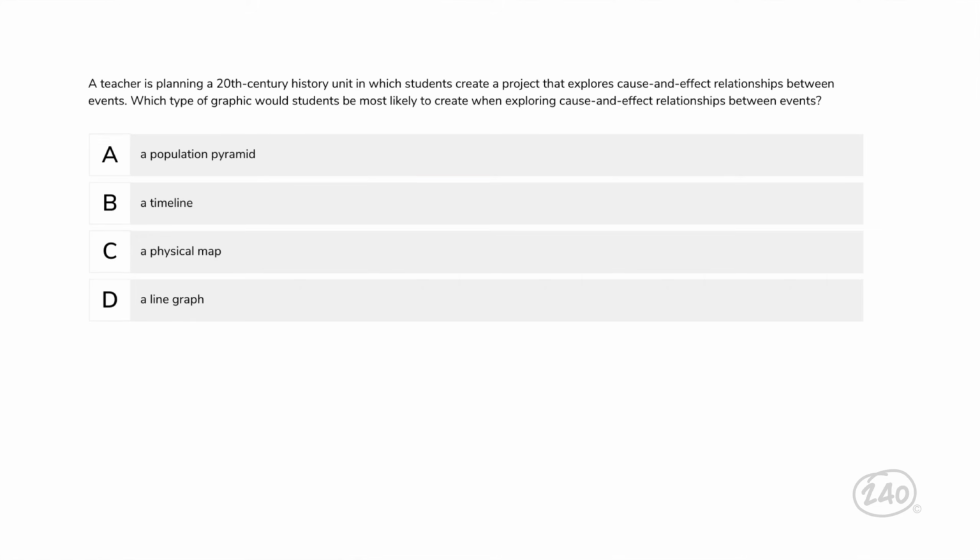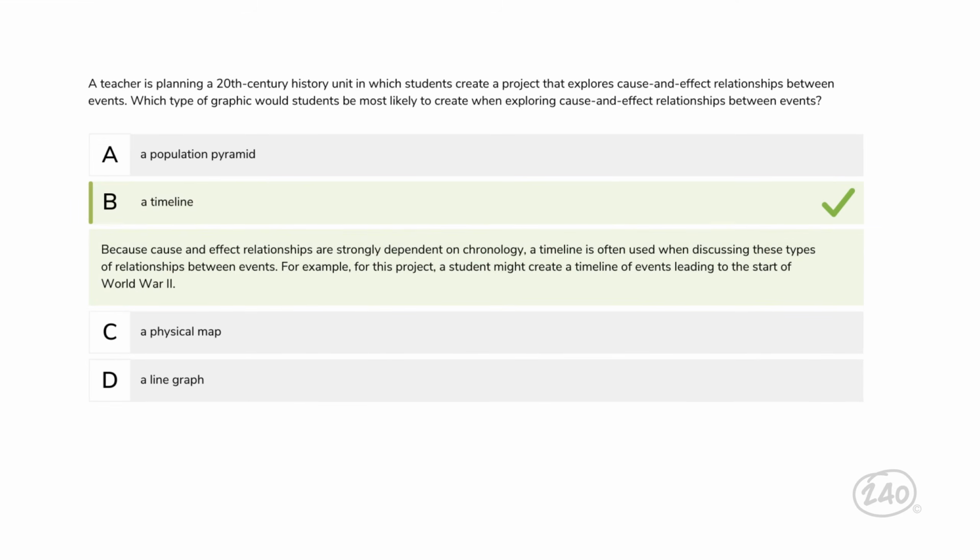Just focus on the stated objective, which is to help students understand cause and effect relationships in history. We need to decide which of these graphics would actually do that. The timeline is definitely our best choice here because cause and effect relationships are strongly dependent on chronology. A timeline is often used when discussing these types of relationships between events.